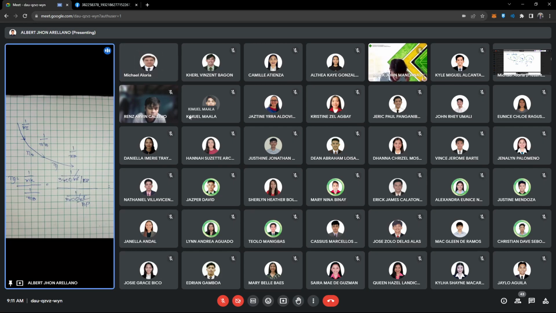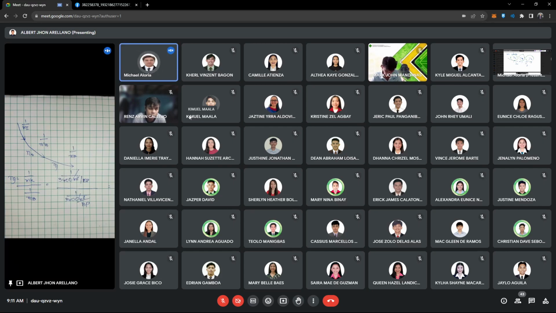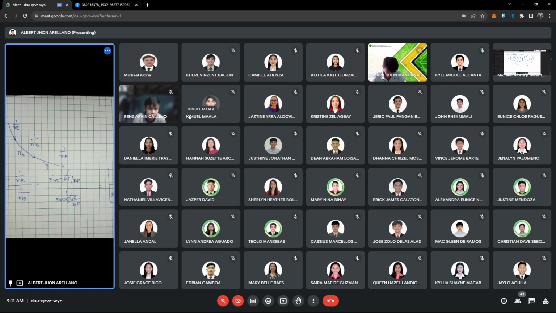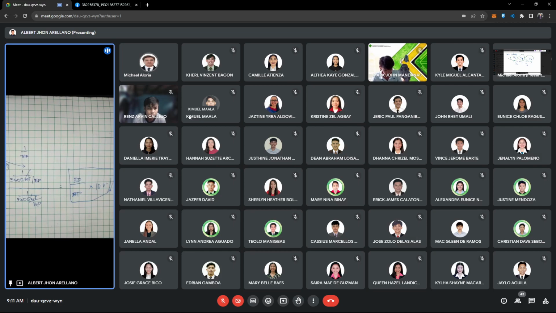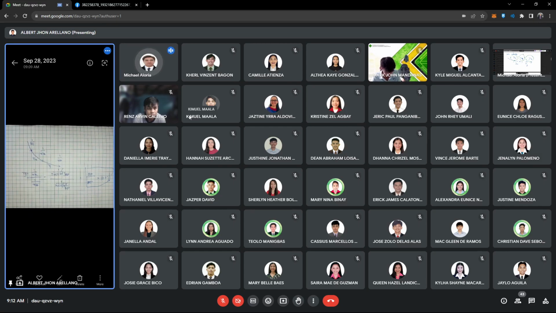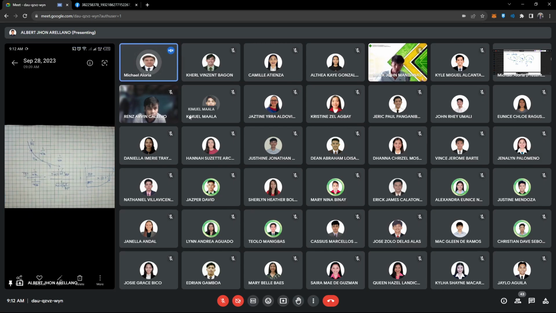Tapos, yung 1 over MB ay equals to 1 over 3,600 mf over BP. Cancel lang po yung 1 over 3,600 mf na common. Tapos, ang matitira na lang po ay EP over BP times 100%. So, yun yung iyong generator efficiency.